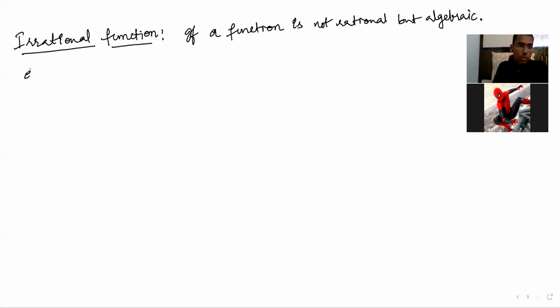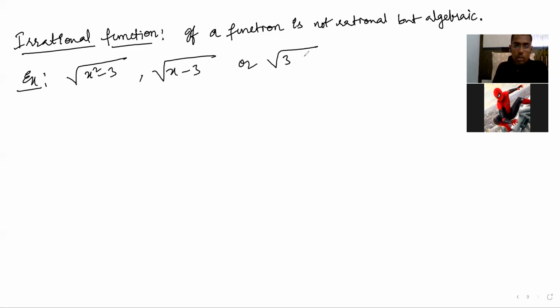So, for example, square root of x square minus 3, or square root of 3 minus x, or cube root of 5 minus x square, and so on. When roots are included, then it is not a rational function. It becomes an irrational function.